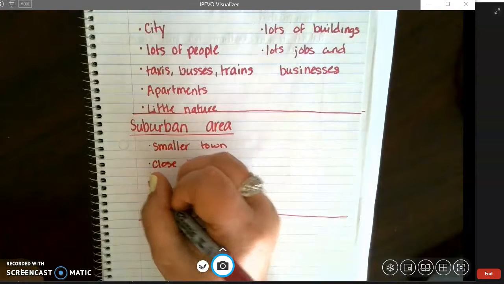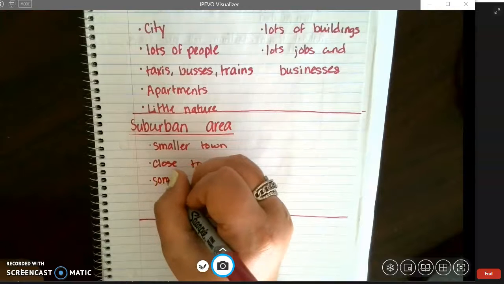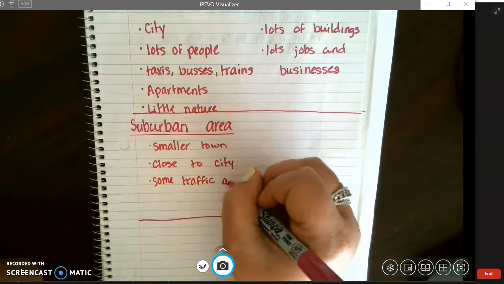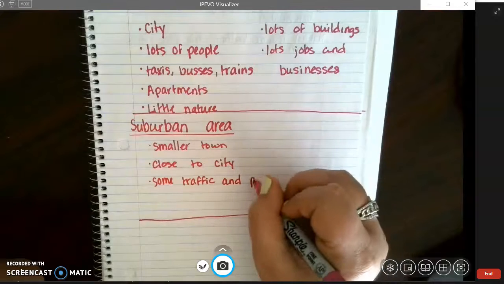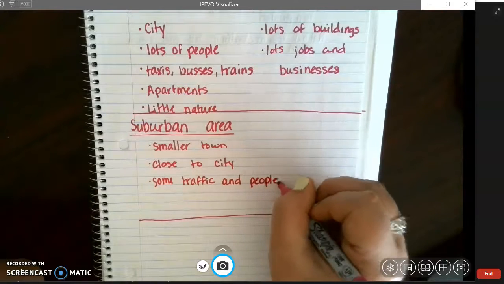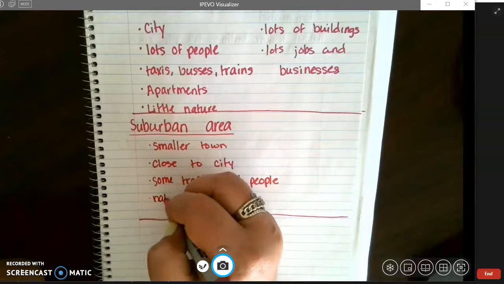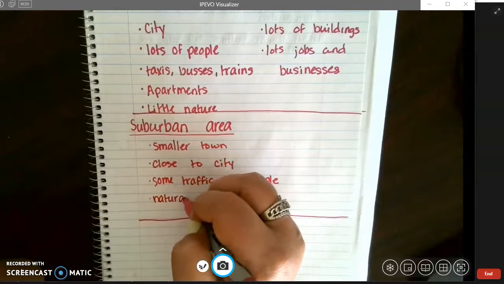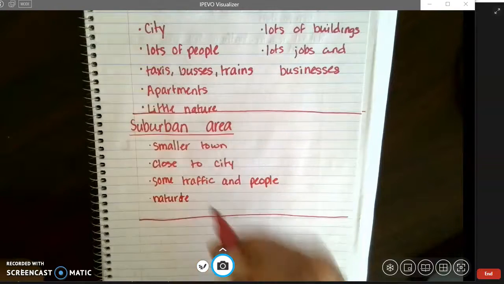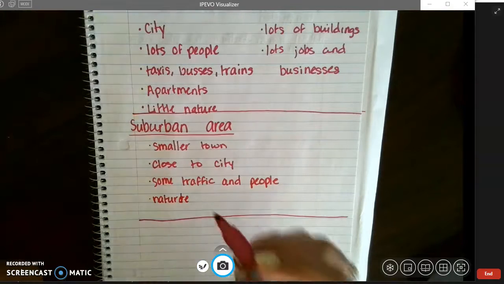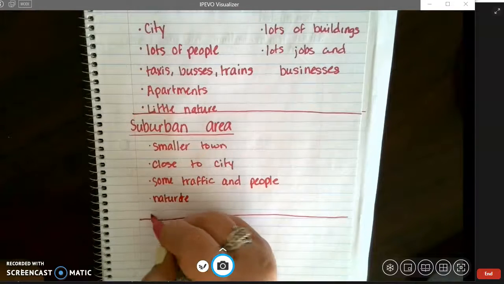There's some traffic and some people. There's some nature, so more nature than in an urban area. There are some jobs and businesses.